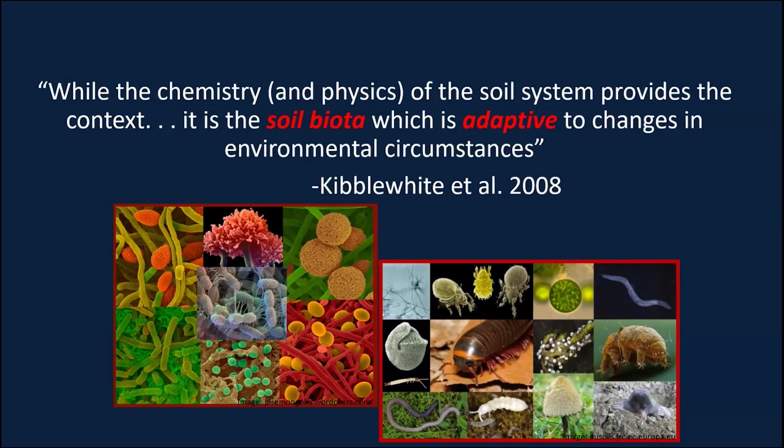Whether it's a wet or dry year, cold or hot year, they're the ones adapting to whatever's going on. That's what helps us be sustainable and consistent, depending on the rainfall or temperature pattern, with those microbes helping our crops and plants still grow well despite some of the environmental factors.